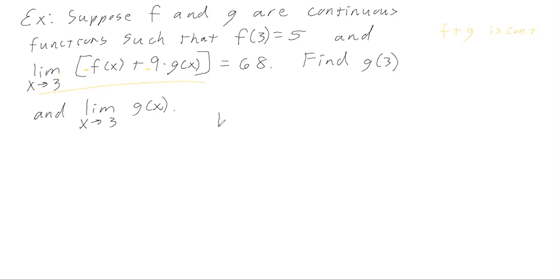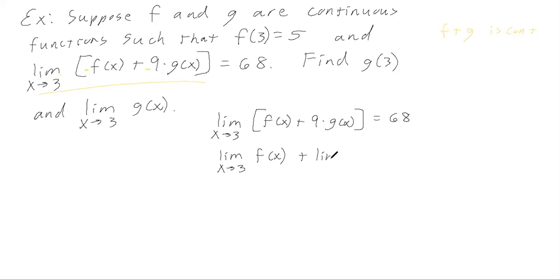All right, so I'm going to start out with this limit. As x approaches 3, f of x plus 9 times g of x equal to 68. All right, I can do a rewrite. I can say this is the limit as x approaches 3 of f of x plus the limit as x approaches 3 of 9 times g of x is equal to 68.